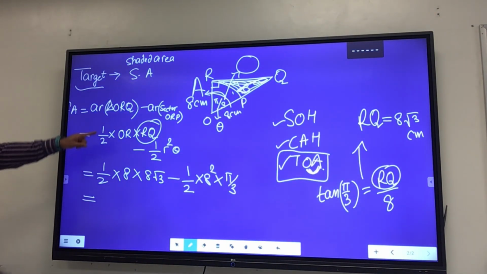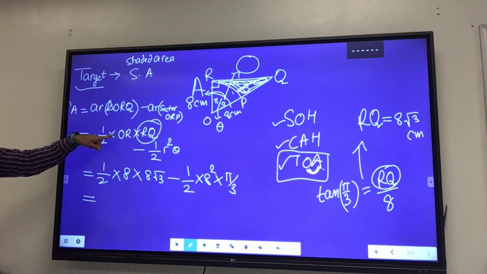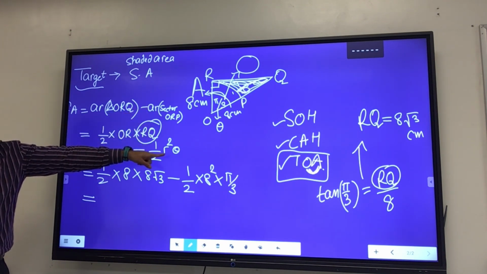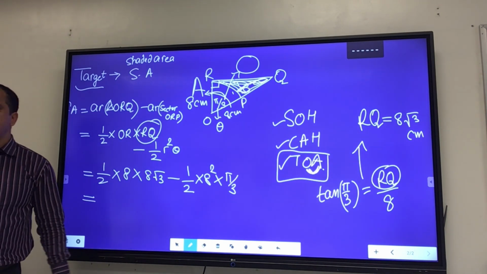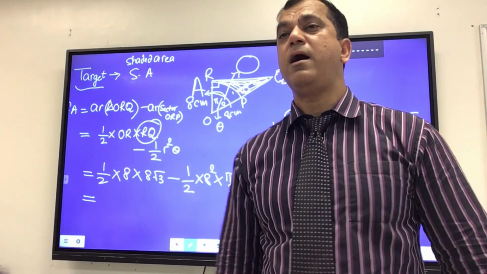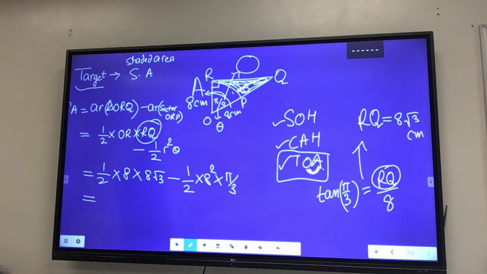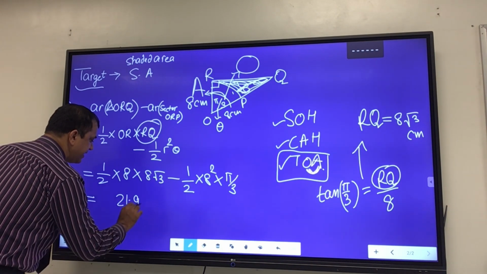So guys, we found RQ by using TOA. OR was 8, RQ is now 8 root 3. The radius is 8 centimeters of the sector. The angle is pi by 3. Just plug in these values into the calculator. Tada. 21.9 centimeters squared.